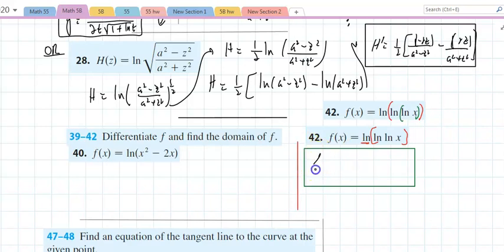F prime is 1 over the first argument, which is natural log of x. Now that I've done that, I'm looking at this, times 1 over the argument of the inside, times 1 over x. Don't tell me that wasn't a lot of fun.